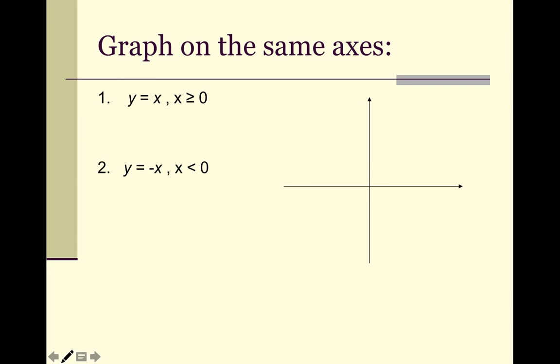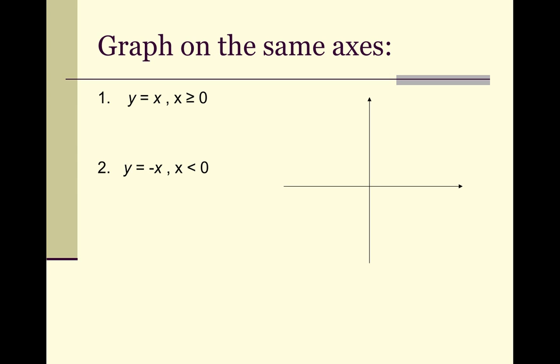My first task for everyone is to graph these 2 equations. Maybe pause the video and try this now. Hopefully you had an opportunity to try this. So what this is saying is I'm graphing the line y equals x with a restricted domain where x is greater than or equal to 0.